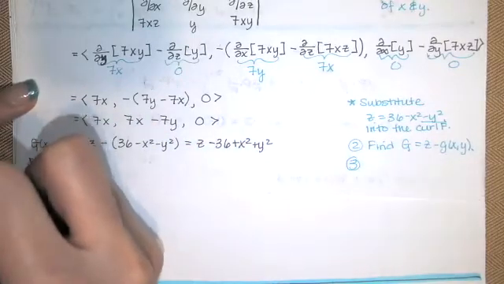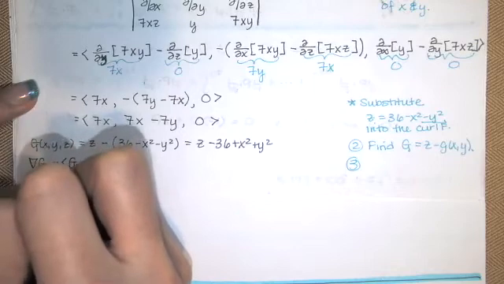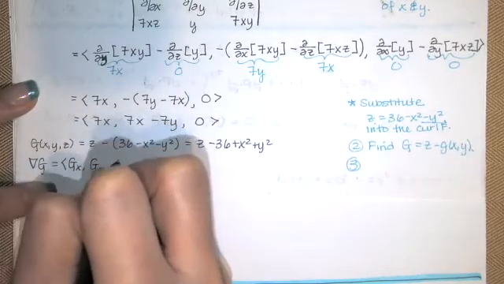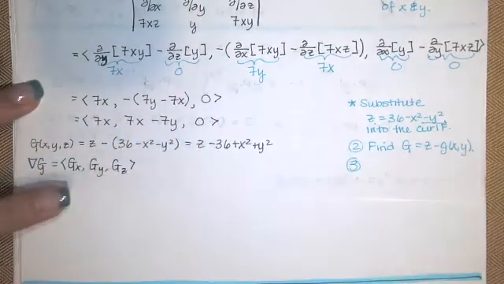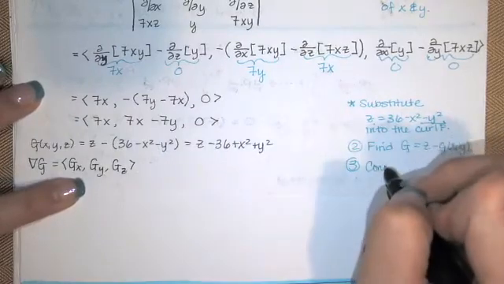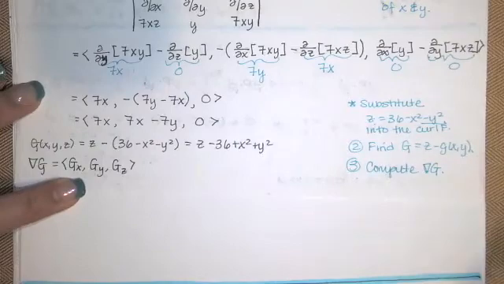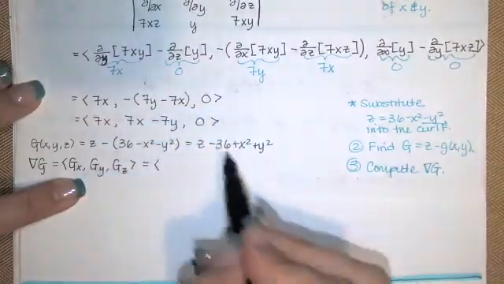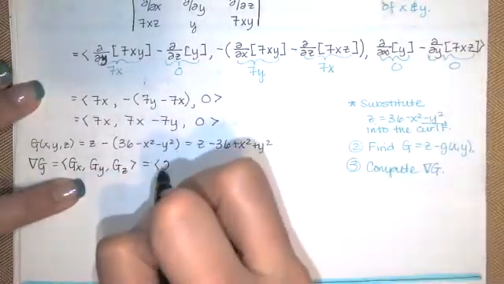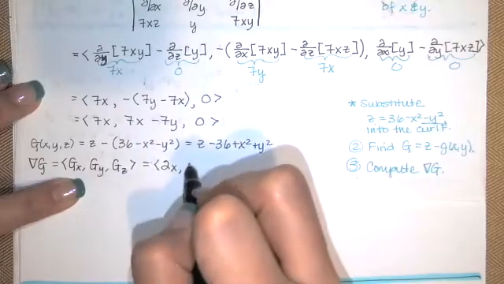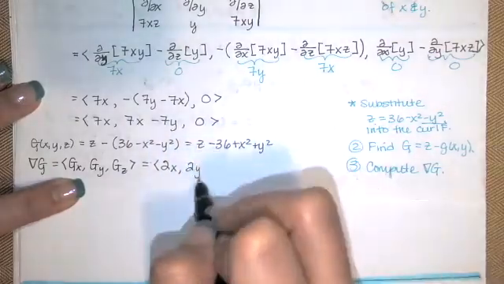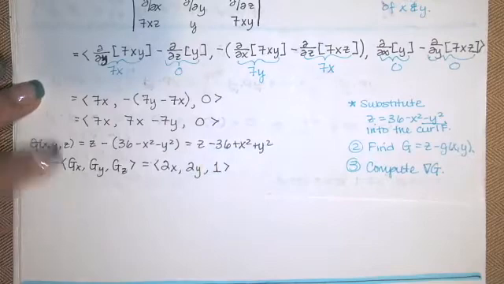And then we'll compute the gradient of capital G, which is easy enough to compute. The derivative of this with respect to x is 2x. The derivative with respect to y is 2y. The derivative with respect to z is 1.